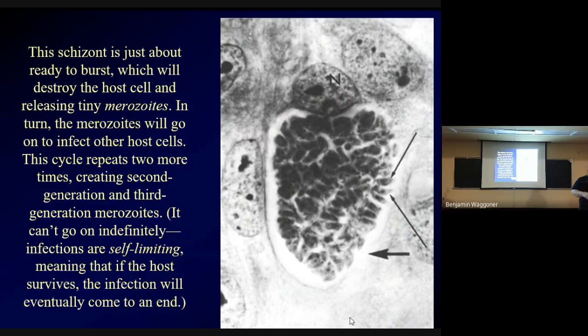This is not true of malaria, by the way, which can keep doing these rounds of schizogony for years. But it's true of coccidia. If your chicken can get through it, the infection will eventually come to an end because there's a limited number of times that those trophozoites can undergo schizogony and then burst out with the swarmers.